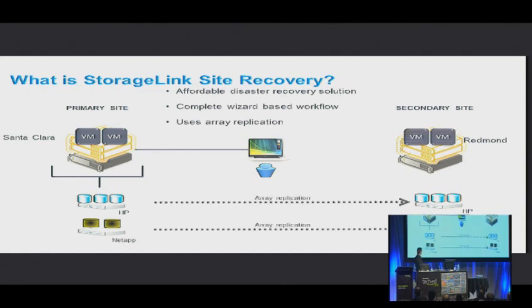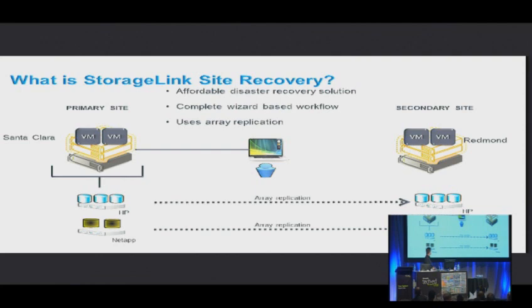So what do you actually get? You get a very affordable disaster recovery solution because it's quite cheap, which Bede will go through in a later slide. It's very easy to use, it's very easy to configure, it's all totally wizard driven, so there's not a lot of things that can go wrong.